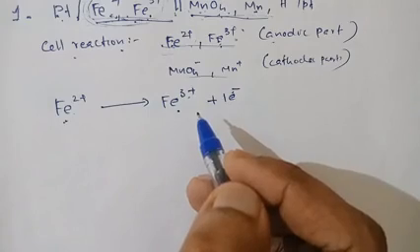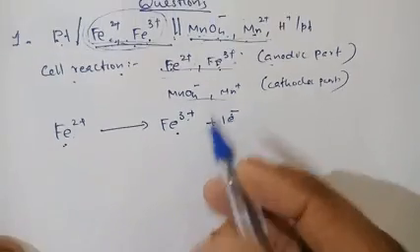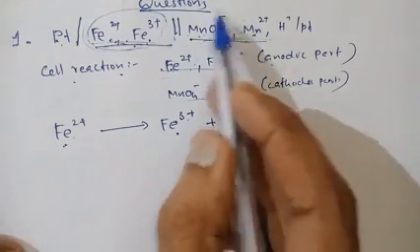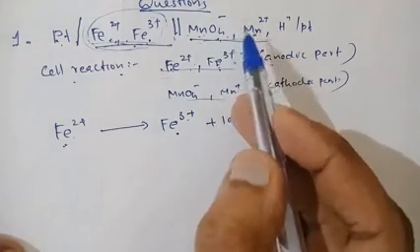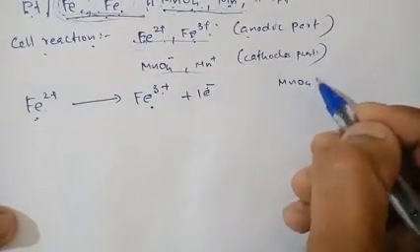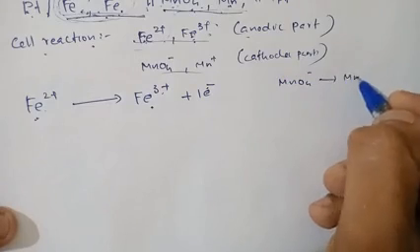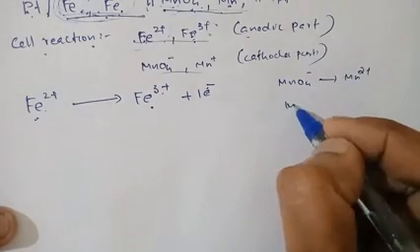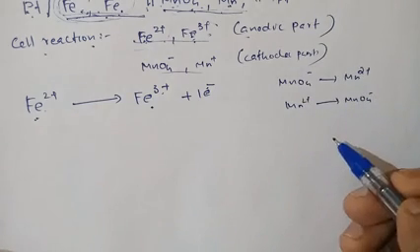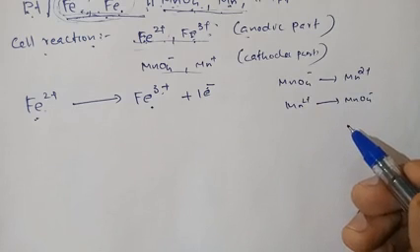Now, which is the cathodic part? The cathodic part is MnO4- and Mn2+. How can we write the cathode reaction? Can we write MnO4- gives Mn2+, or Mn2+ gives MnO4-? Which is the exact reaction?